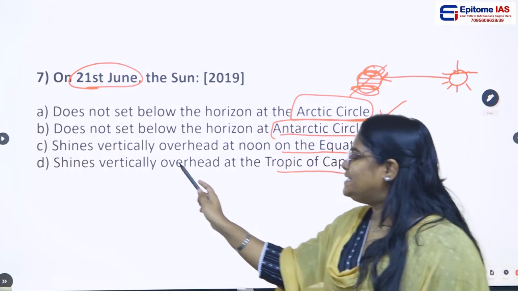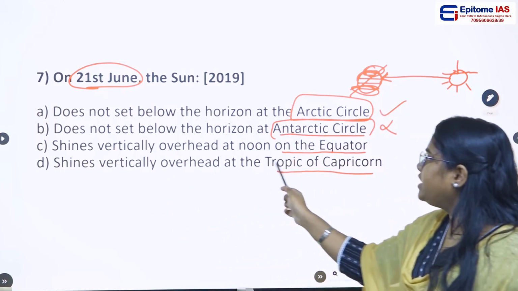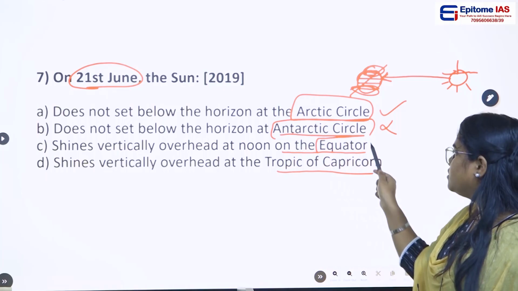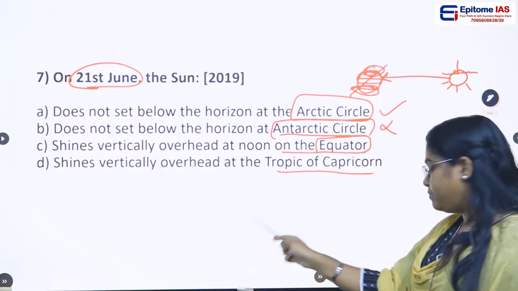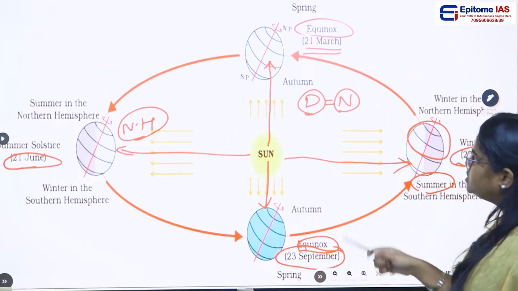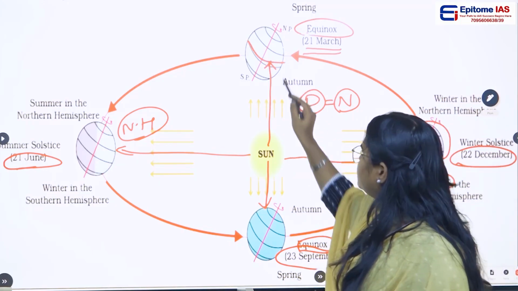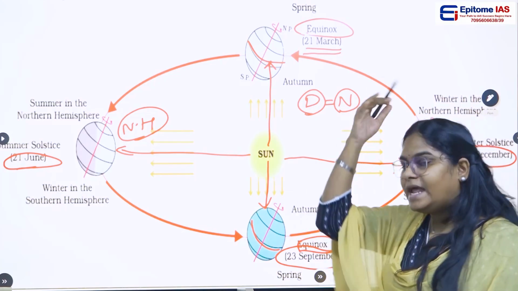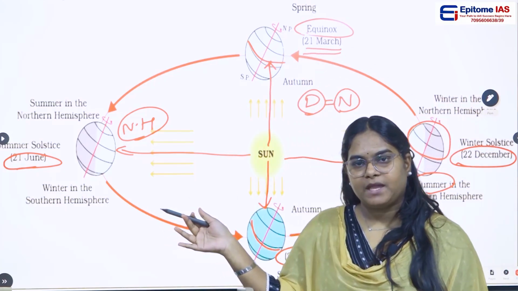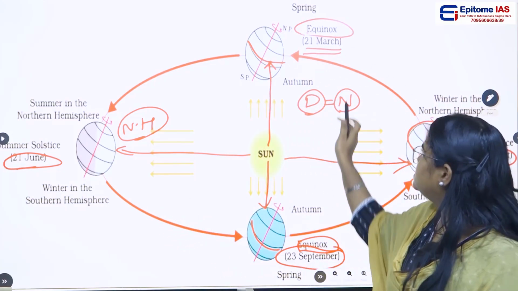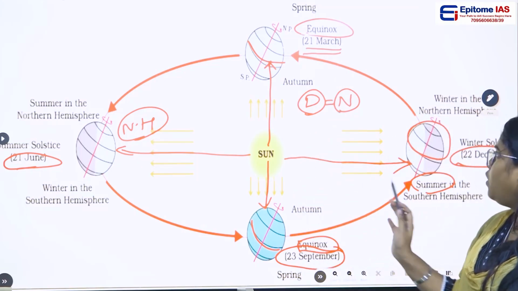If you see option C, it shines vertically overhead at the noon on the equator. Last PDF we saw this, last page. Here we saw this. There are only 2 occasions where the sun is directly overhead on the equator. What are these? A spring equinox and an autumn equinox.